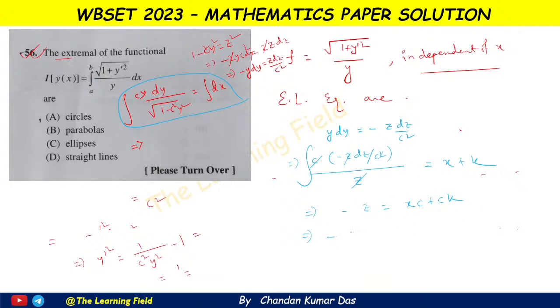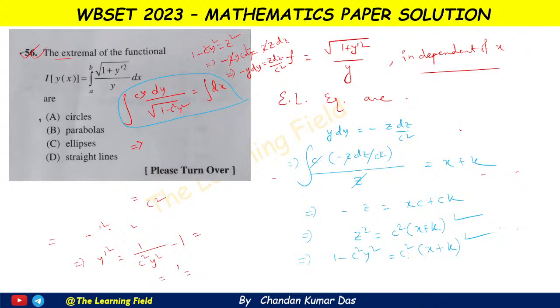Now we put the values of z. If we square both sides, then we get z square equal to c square into (x plus k) whole square. So z square means 1 minus c square y square is equal to c square into (x plus k) whole square.